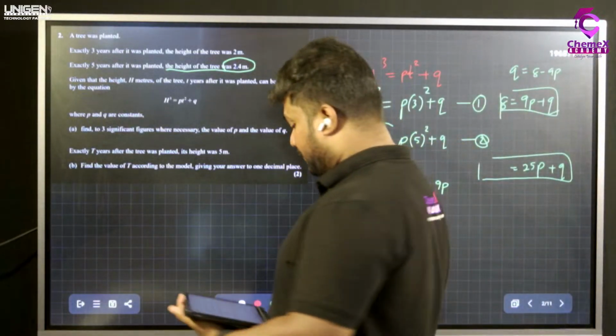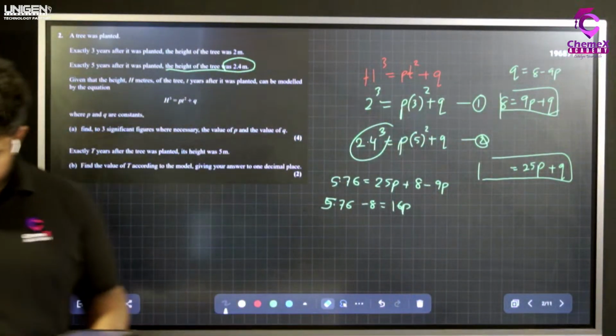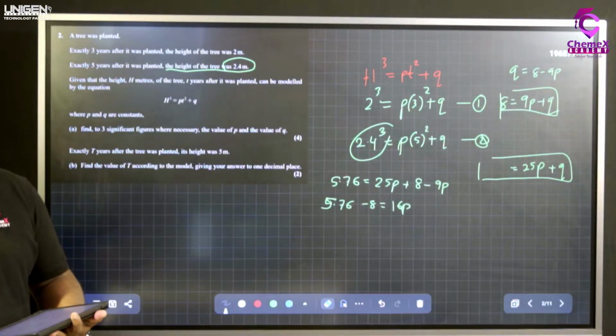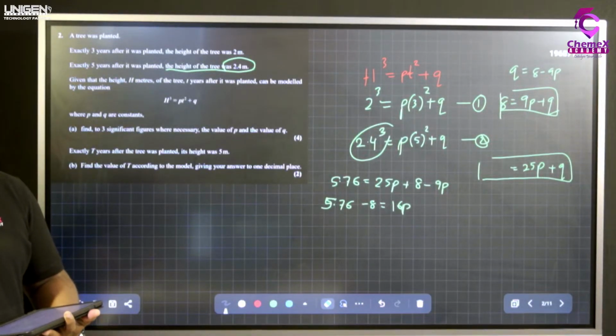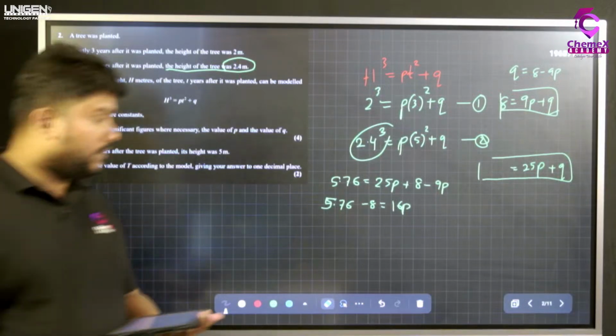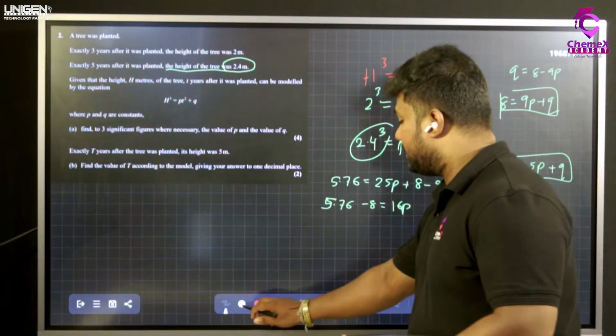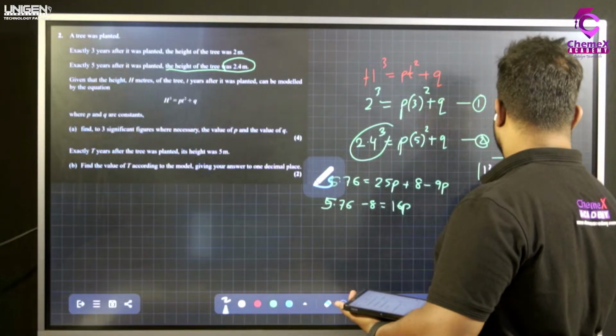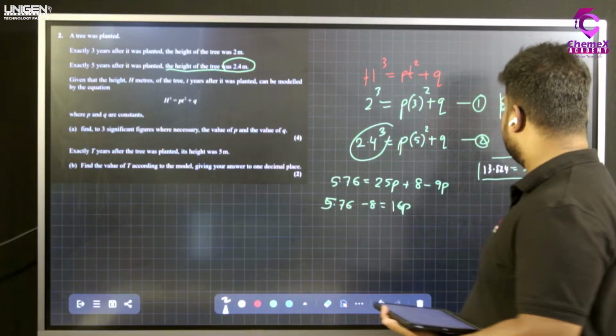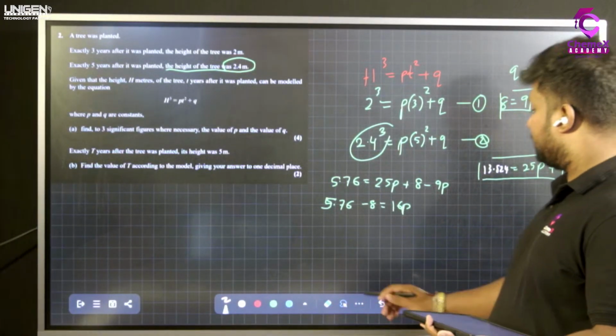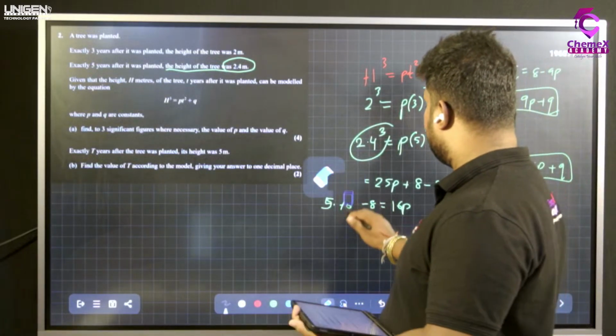So it should be 13.8. So it's 2.4 to the power 3, 13.824. Now, use the same way. This is not 5 point.